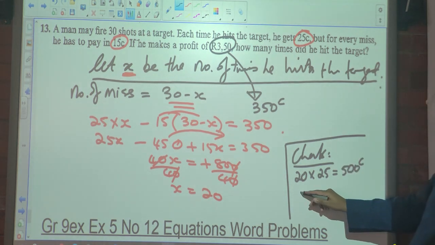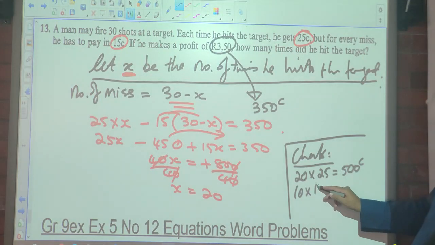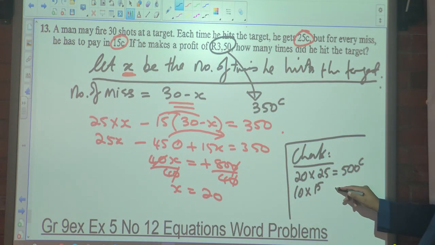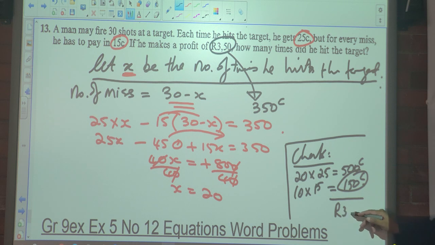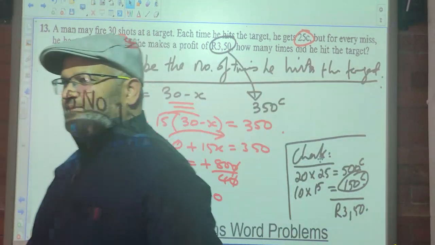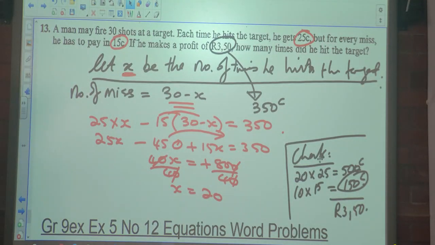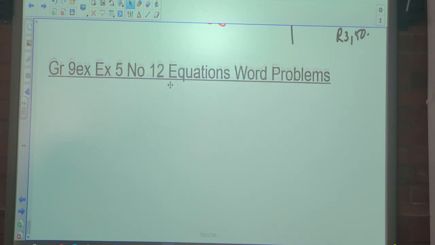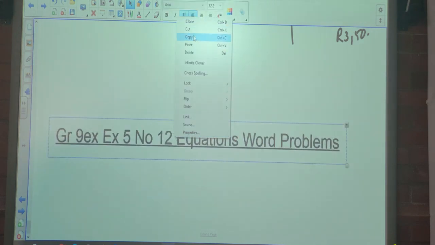But he misses 10 times, so 10 times 15, which is 150 cents, subtracted because this is the penalty. He then gets 350 cents or 3 rand 50, which makes it correct. Do you see any confusion there? If there is, please find out from your friends what's going on.